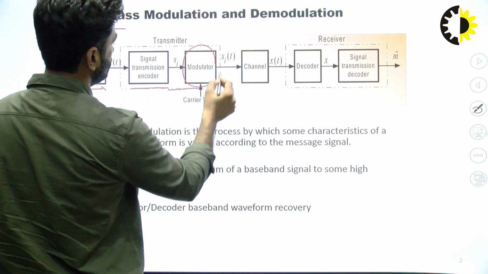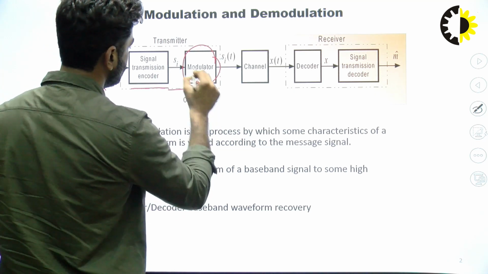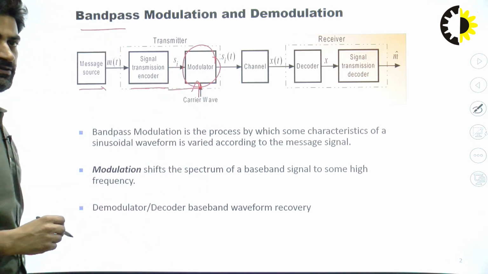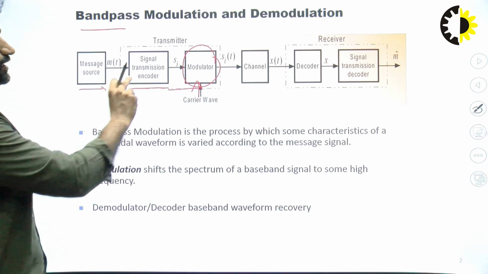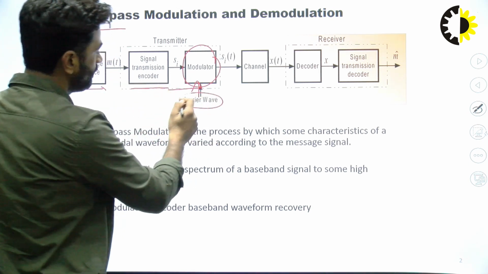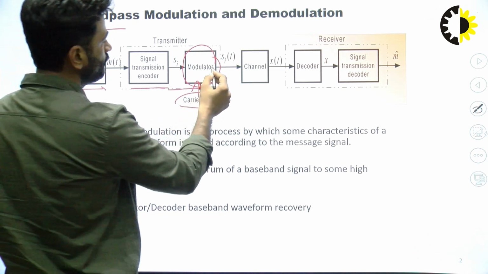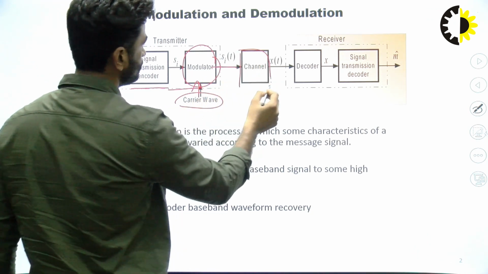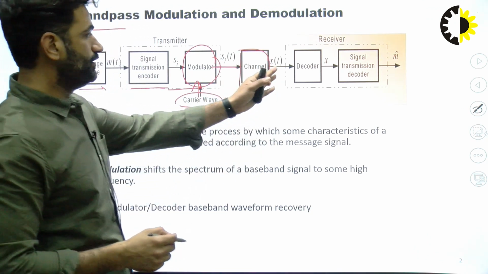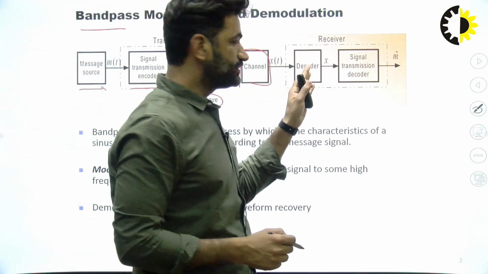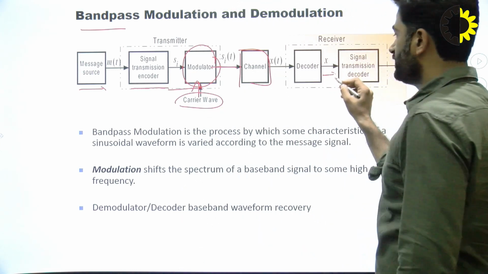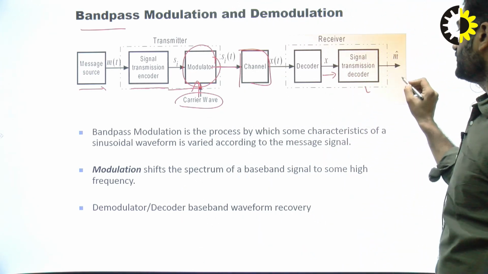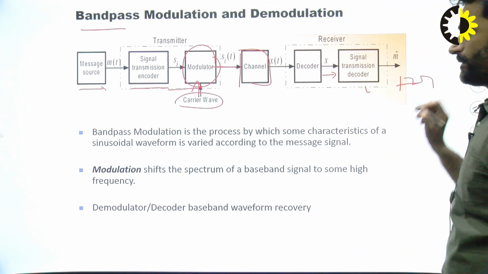In this modulator we mix it with the carrier wave, converting digital signal into analog signal, because the carrier is analog in nature. This carrier will carry our message through the channel, and the detector will receive that analog signal and in the receiver end convert it back into digital signal, that is 10101 form.